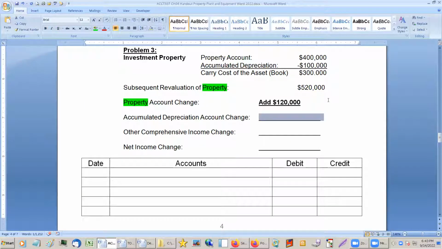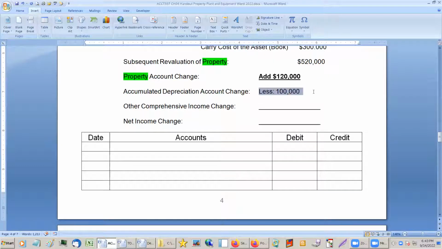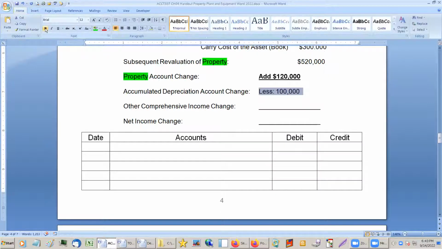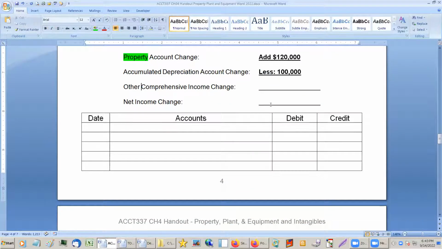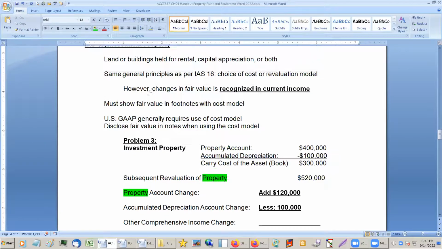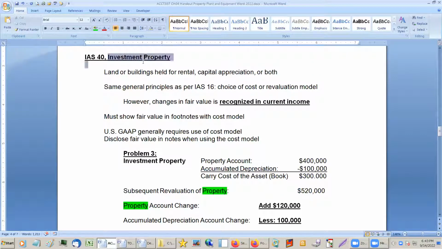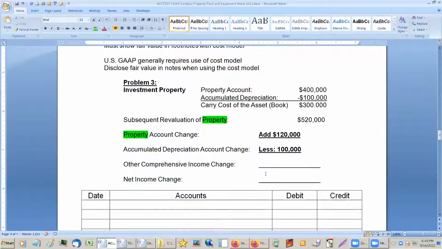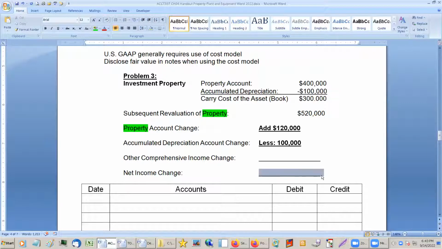Cumulative depreciation change would be less $100,000. This would not go in other comprehensive income if it's an investment property. Not something you're using in your operation, but an investment property, it goes right to income.